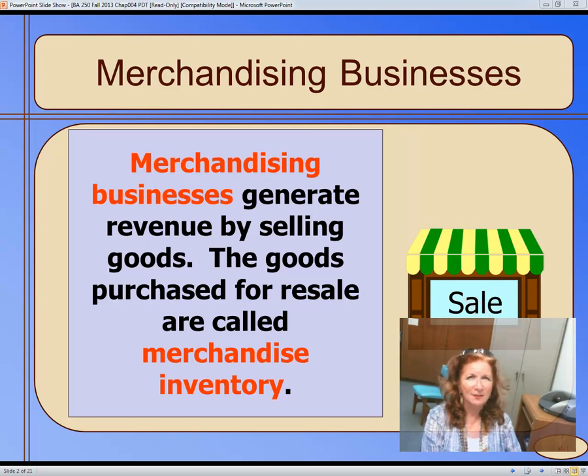Costco or Walmart feels like a big warehouse, and you're walking around and looking for things yourself, whereas at Nordstrom somebody's playing the piano, there's a coffee bar nearby, there's a wine bar nearby, and you have private dressing rooms. It's just a much different selling experience. Those will be some of the differences in selling and administrative costs. But that's in the future, so let's stay with this chapter for now.